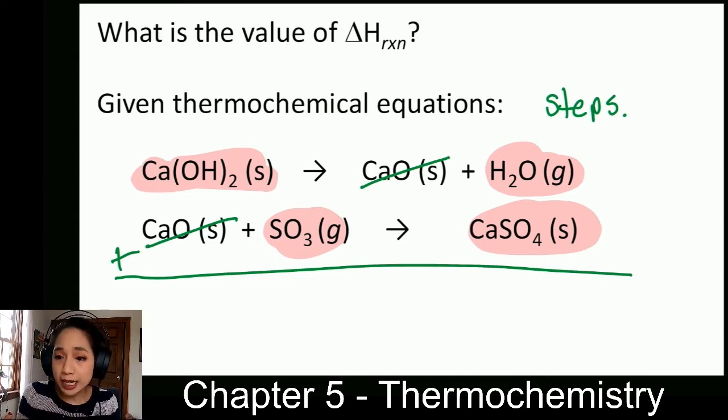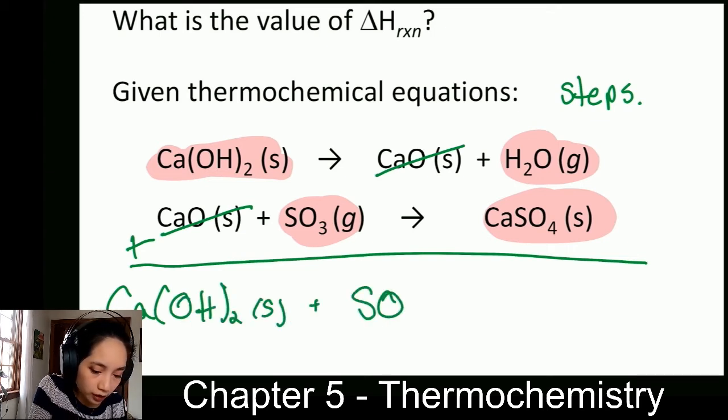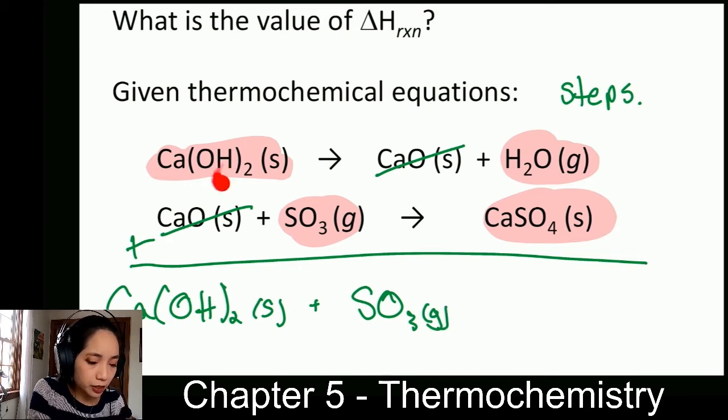That's great, because when we add up all of the other components that don't cancel out, we get the exact chemical equation that is our target. You have calcium hydroxide solid as a reactant and SO3 as a reactant, so I put both of those as the reactants in our overall chemical equation.